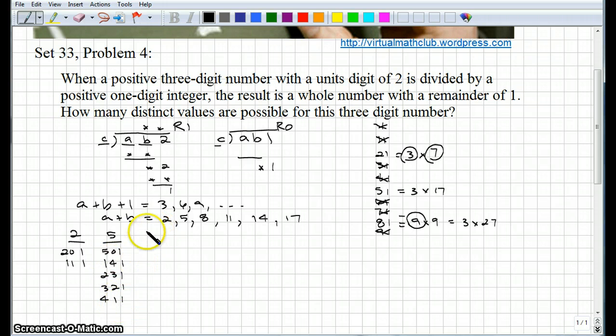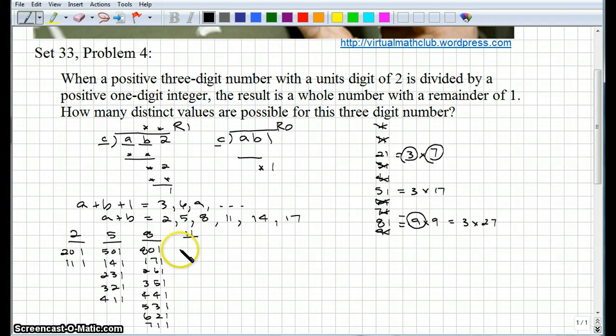Alright, so let's look at the case where the first two digits add up to 8. Alright, so we'd have 801, that's one case. We could have 171, we could have 261, we could have 351, we could have 441, we can have 531, we can have 621, or we can have 711. And that's it because we already have 801. Alright, so let's go through the case with 11.